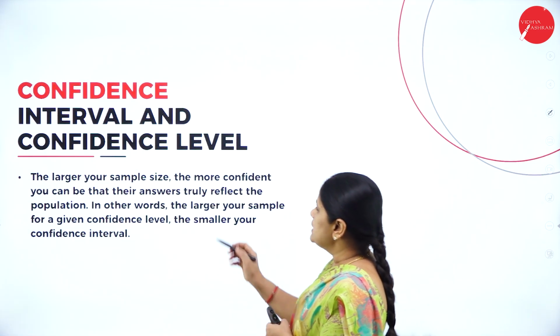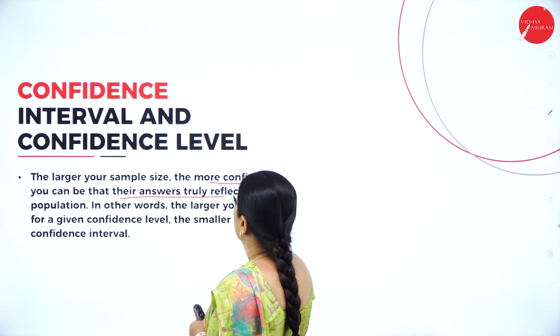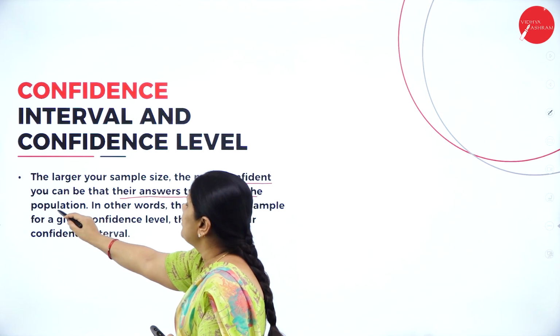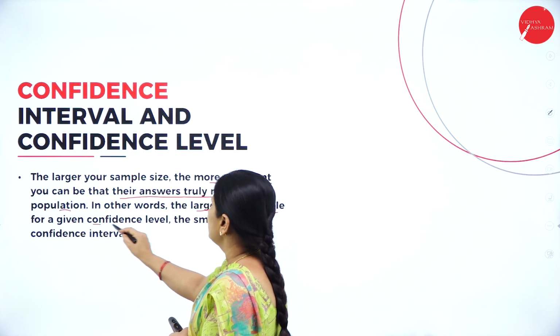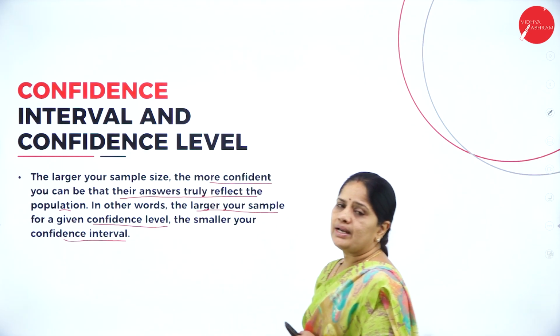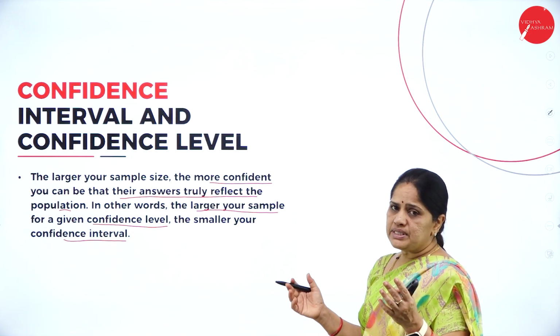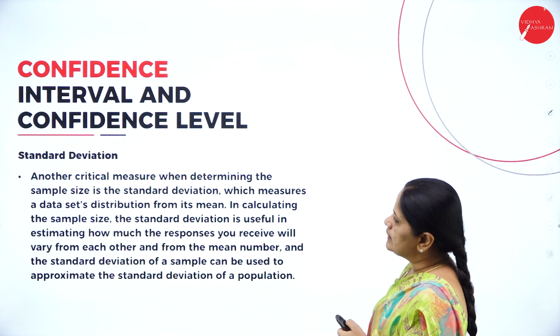The larger your sample size, the more confident you can be that the answers truly reflect the population. In other words, the larger your sample size for a given confidence level, the smaller your confidence interval.